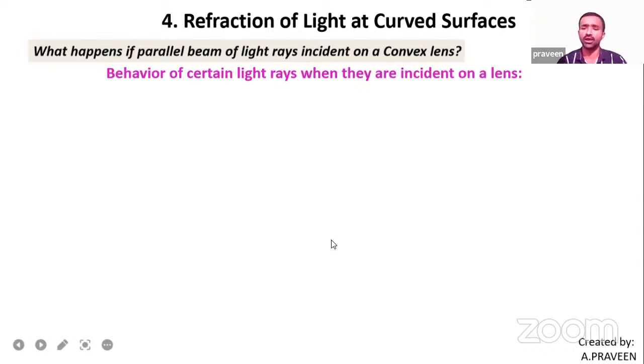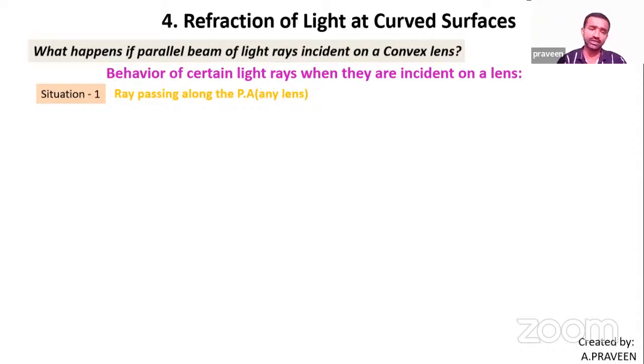It may be a concave lens or a convex lens. We will discuss both. In situation one, we are going to discuss a light ray passing through a lens along the principal axis, for any lens.